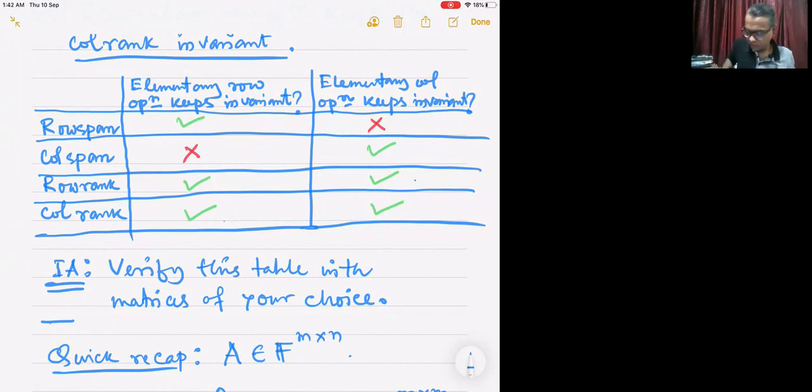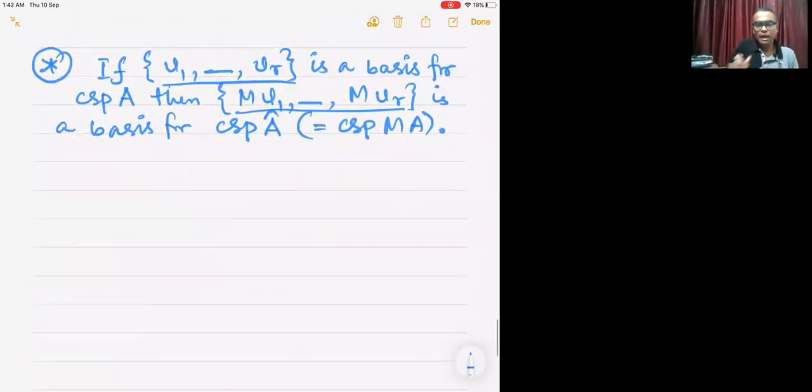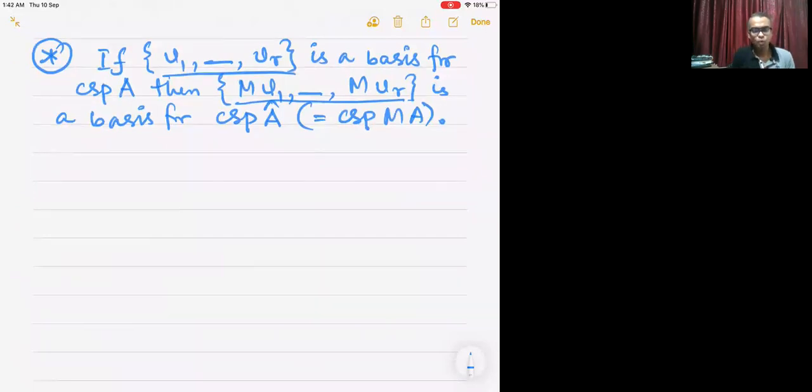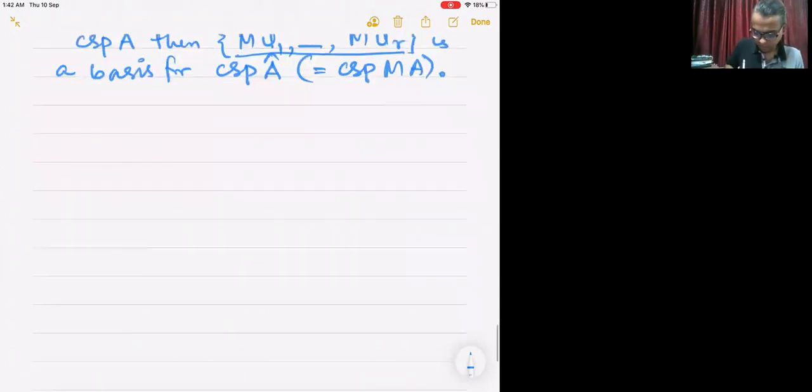So the crux of the matter finally is that elementary row operations as well as elementary column operations change neither the row rank nor the column rank. Under both, row rank and column rank will remain invariant. So this is our observation.